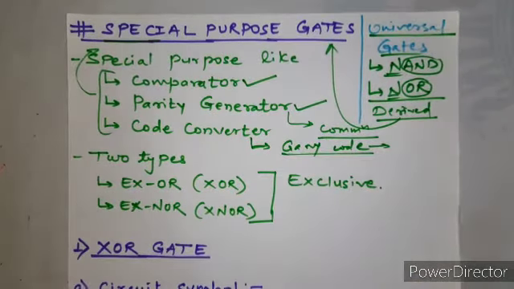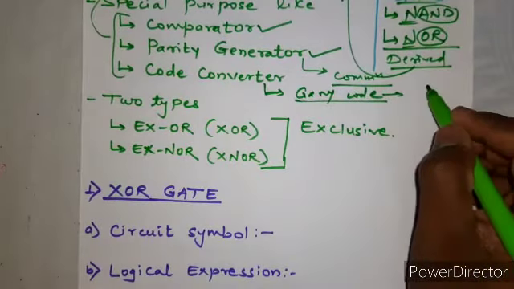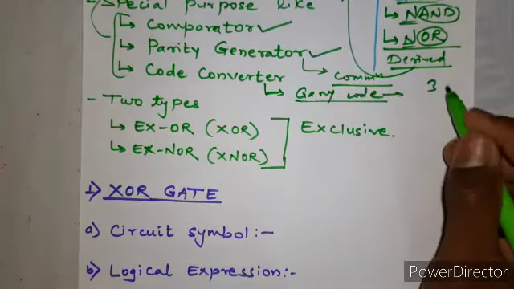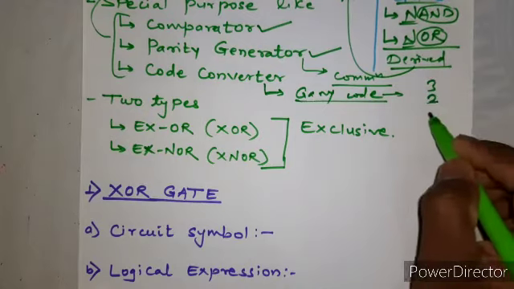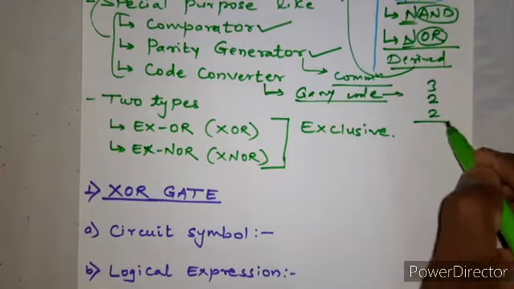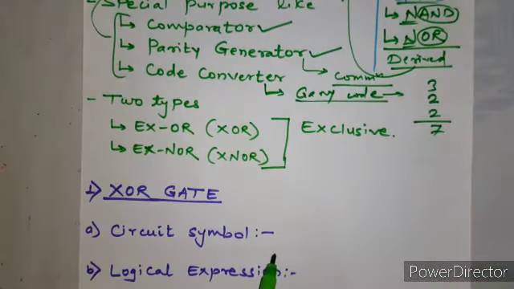In the basic gates we covered 3 types of gates, in universal gates 2 types, and now we have 2 more, so in total we have 7 gates.